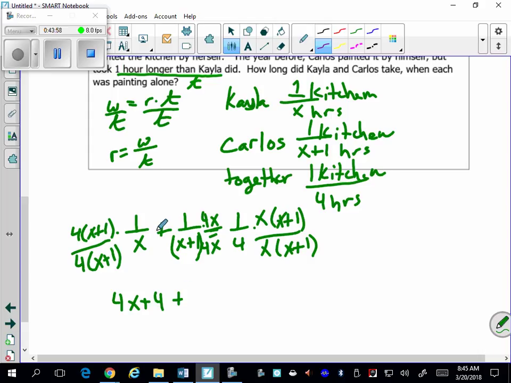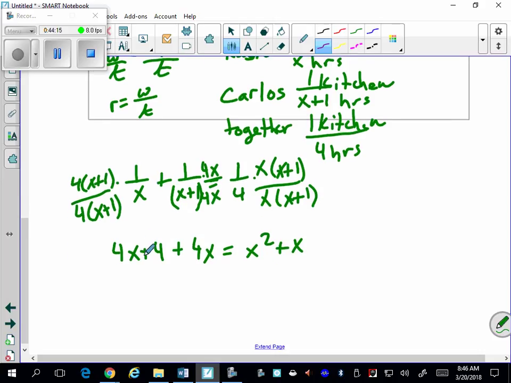Drop your denominators because they're all alike. It simplifies it a little bit. I see an x squared term, so we've got to move all the terms to one side. So we have minus 4x, subtract another 4x, subtract another 4x, subtract 4.